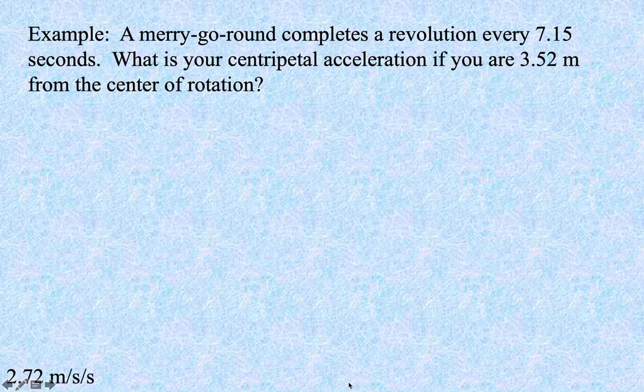Let's just take a look at this guy. A merry-go-round completes a revolution every 7.15 seconds. This is probably on a playground or something like that. It's spinning slowly. What is your centripetal acceleration if you are 3.52 meters from the center? So this is our r. That's our t, the time to go around, right? So our centripetal acceleration is 4 pi squared r over t squared, right?